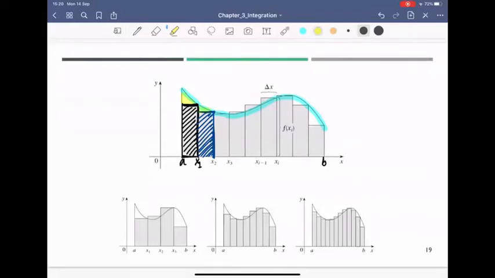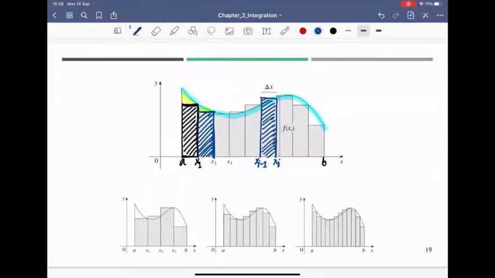You keep doing that for each stack. At some point, at some stack, you are going to have a box whose area is greater than what you want, for example from x(i-1) to xi. This stack gives an area that is over what you want.